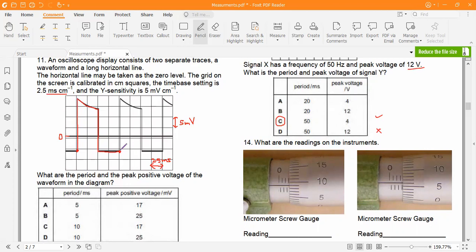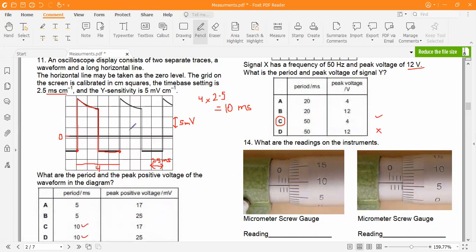I can see that there are roughly 4 blocks. Each block represents 2.5 milliseconds, so I will do 4 into 2.5 milliseconds, and this will give me 10 milliseconds. So the period will be 10 milliseconds. So it is either this one or this one.